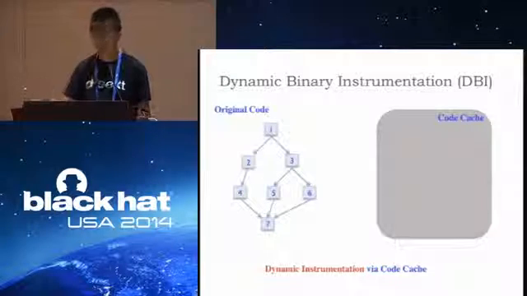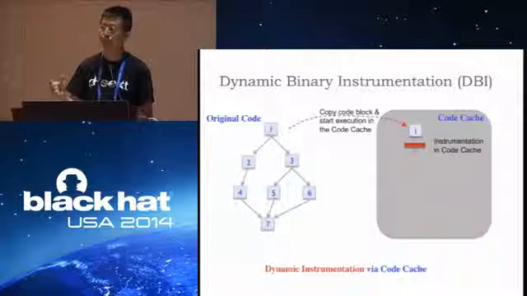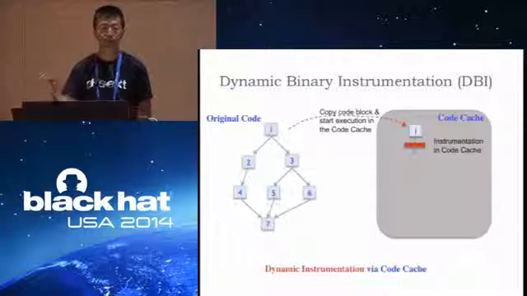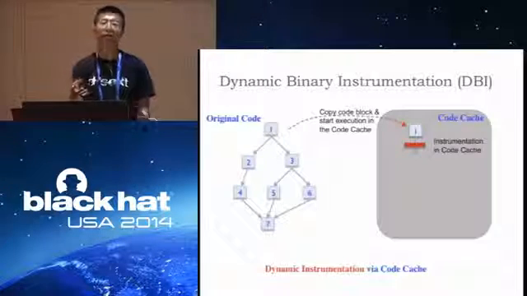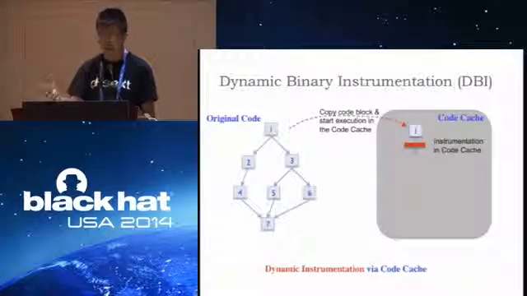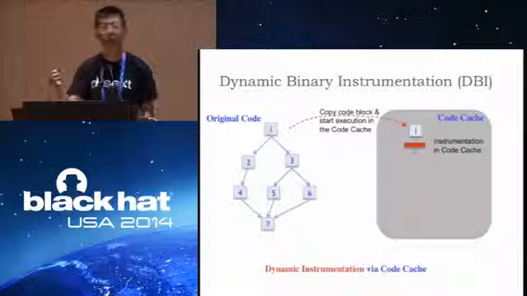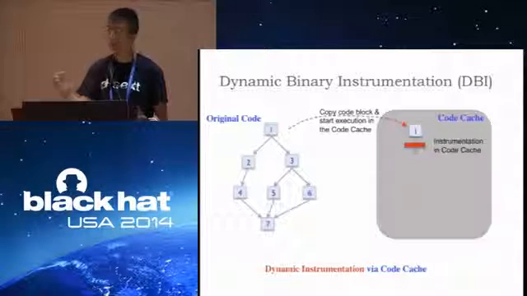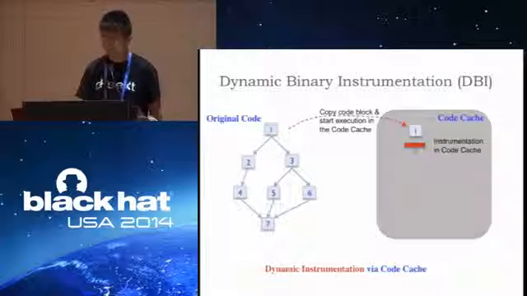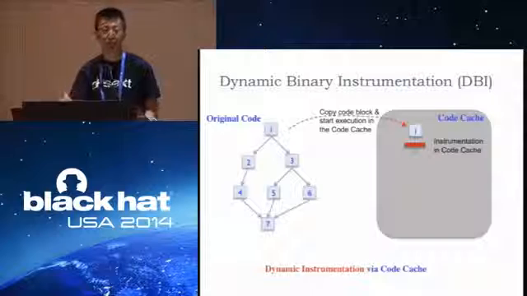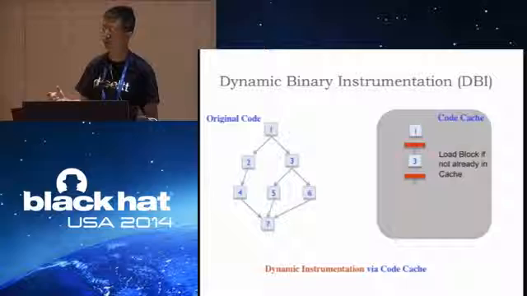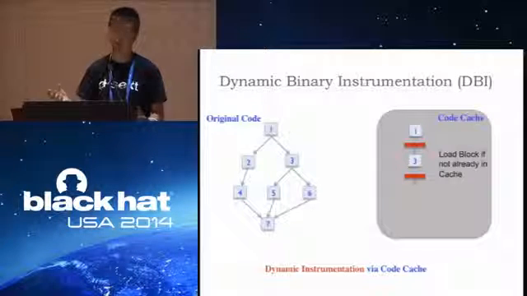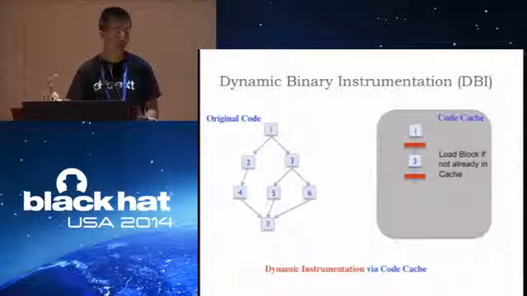Instead of starting the code run from the first block, your initial code first reads the original binary code and puts it into the code cache, along with some instrumentation code after the block, and then you run from there. Once it finishes a code block, depending on the execution result, say code block 3 needs to be used, it will copy it into the code cache, assuming it has not been copied there before.